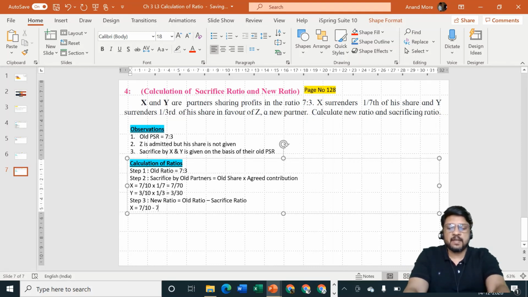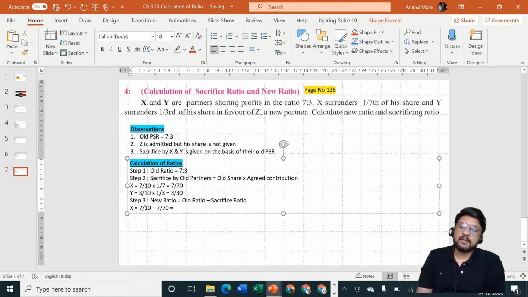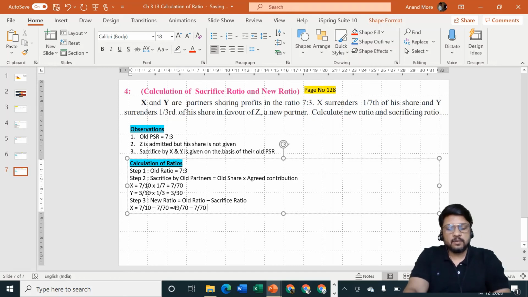It is 7/70. So let us find out what is the answer. First answer is 7/10, from which we are going to deduct 7/70. It is not possible to directly deduct the same. What should we do? We should first of all multiply the first part of the equation by 7. That becomes 49/70 minus 7/70 is equal to 42/70.